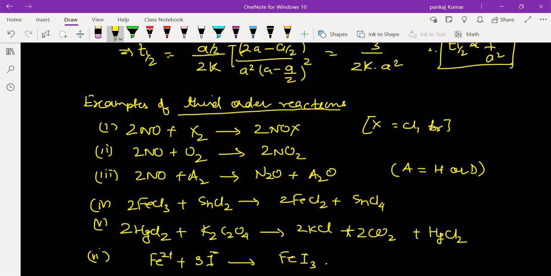And for second order, 1 by a, and third order is 1 by a square. And for nth order, the half-life will be equal to T to the power a, 1 by 1 minus n.